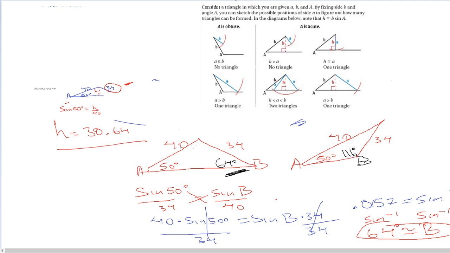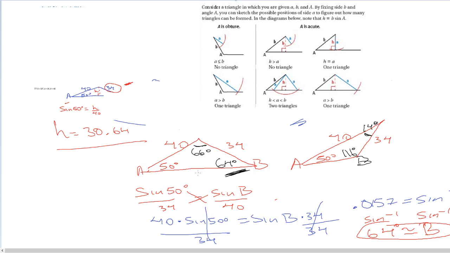Well, what's this angle up here? Well, 50 plus 64, it's going to be 114. Subtract that from 180, and we get 66 degrees. How about this angle over here? Well, 116 plus 50 is 166, which means this angle here is 14 degrees.